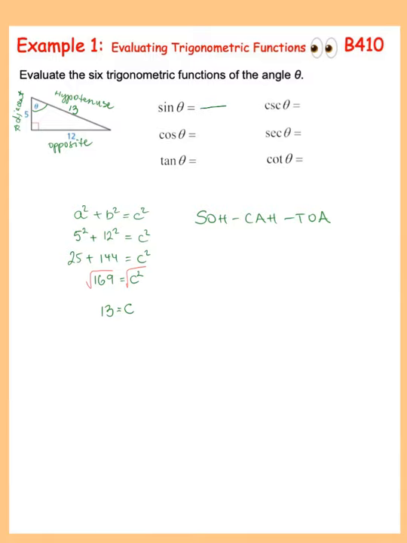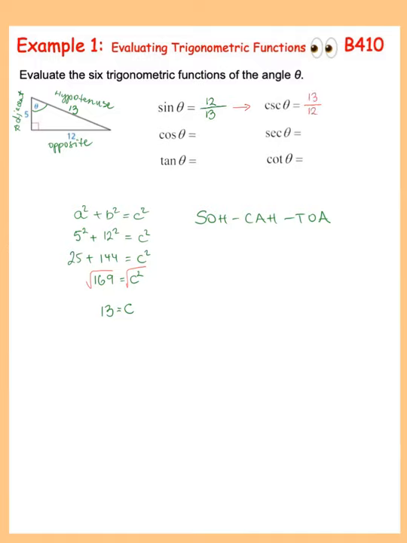So the opposite of theta is 12 and the hypotenuse is 13. Now I also know that cosecant, which I wrote right next to it to remind you that those two are reciprocals of one another. So cosecant is the reciprocal of sine, so that's going to be 13 over 12.